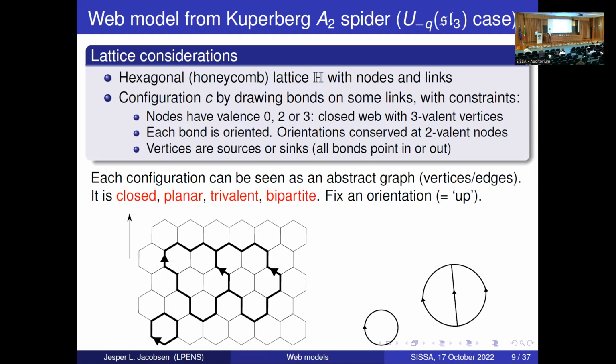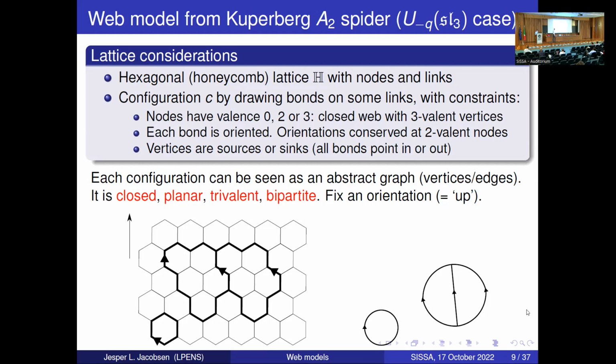So here's a sample picture on the lower left of the picture. So you have this closed planar trivalent bipartite graph on the lattice, and to the right, it's shown schematically just as a drawing, as an abstract graph.